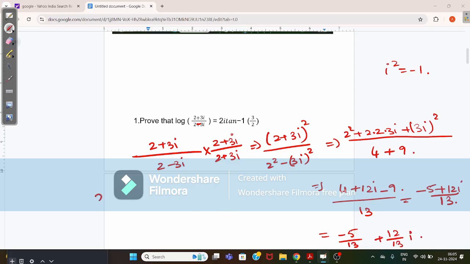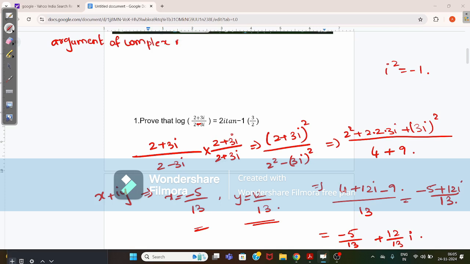Okay, this is in the form of x plus iy, where the value of x is minus 5 by 13 and y is 12 by 13. Now we know the argument of a complex number can be written as theta is equal to tan inverse y by x.